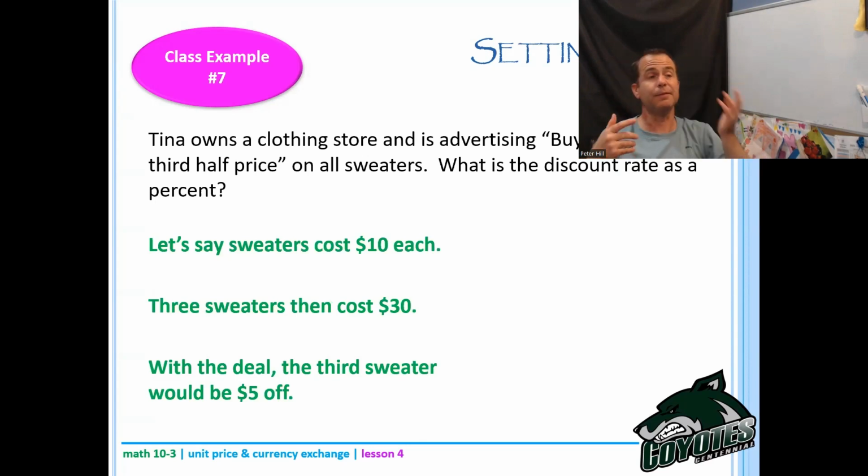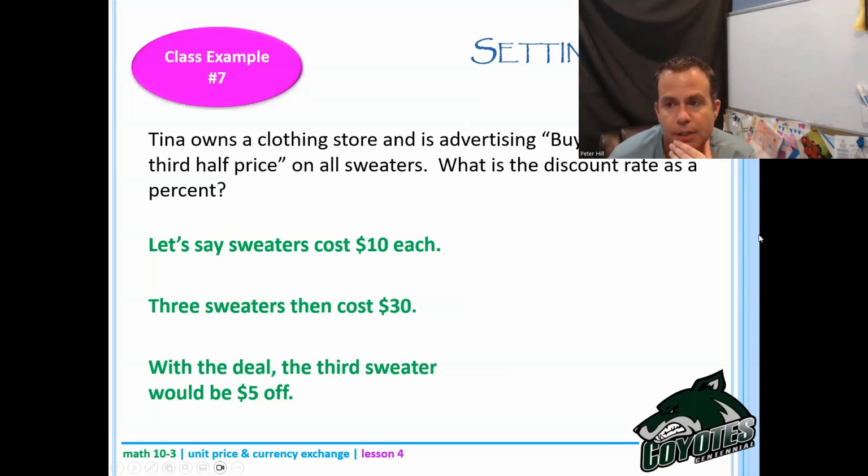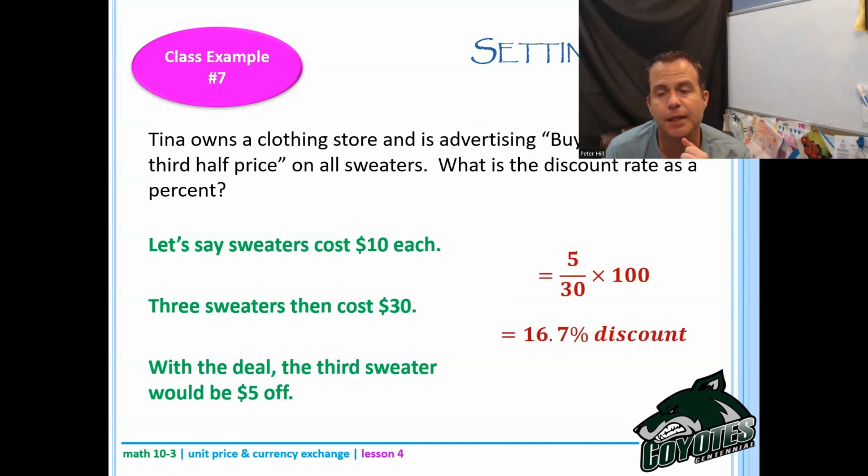So if I was getting the deal, 3 sweaters would cost me $25, not $30, because I got $5 off that third one. That means the discount is $5 over the regular price of $30, because we have to buy 3 sweaters. So we're going to go 5 over 30 and then times that by 100. That gives me a 16.7% discount.